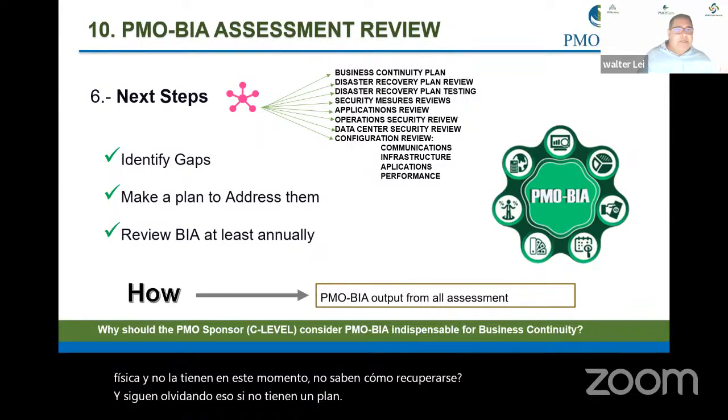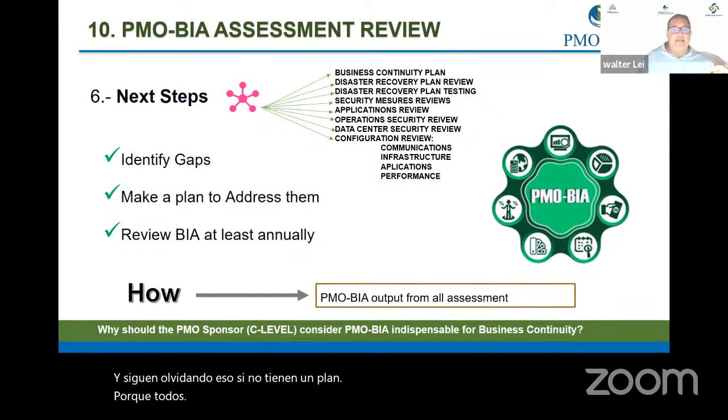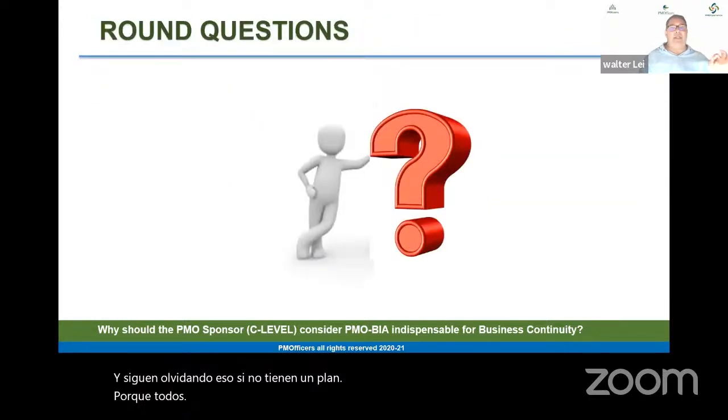Everybody has a plan, but they need to have a BIA. It's really important. So I really think we need to have this plan, or this framework, to make people understand.